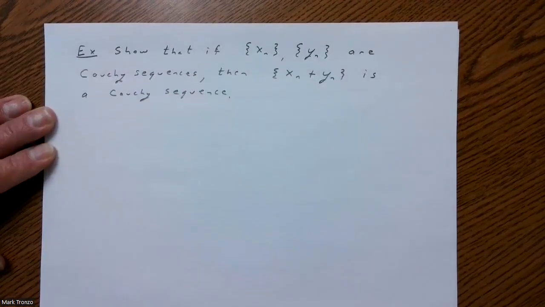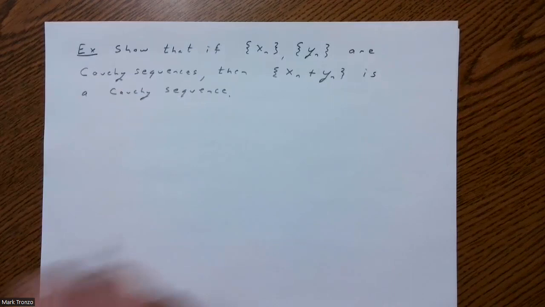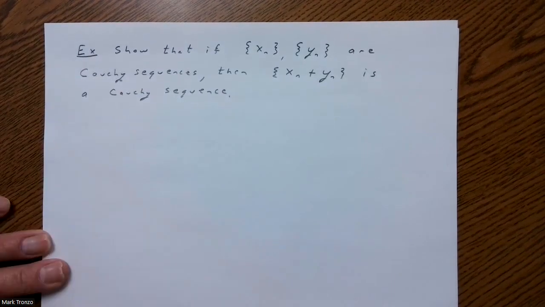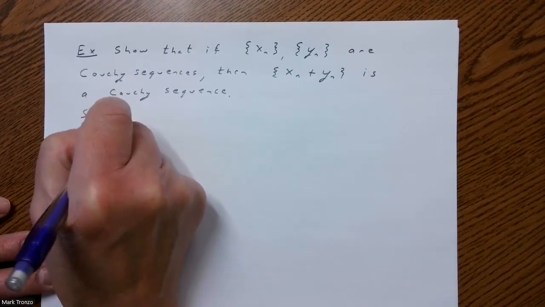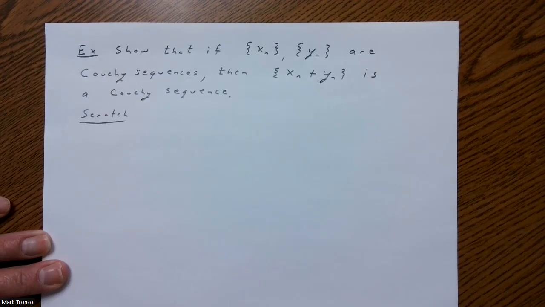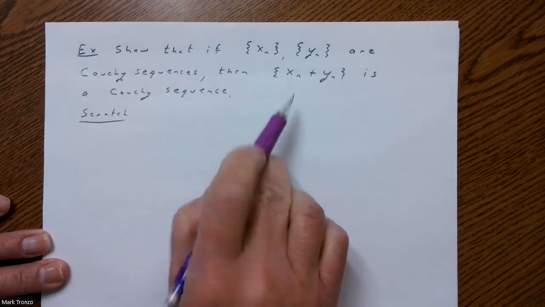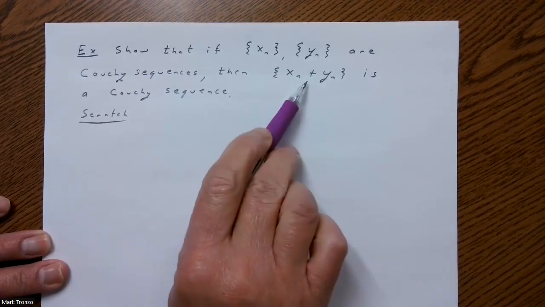So let's try to think of what we have. A lot of times what you want to do is some scratch work to figure out what we have. What we'd like to show is that this is a Cauchy sequence.